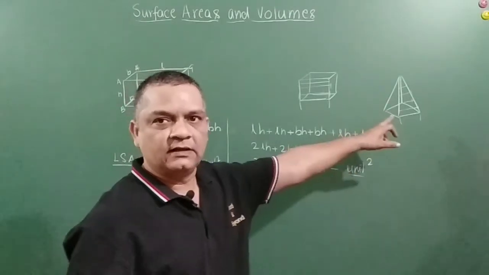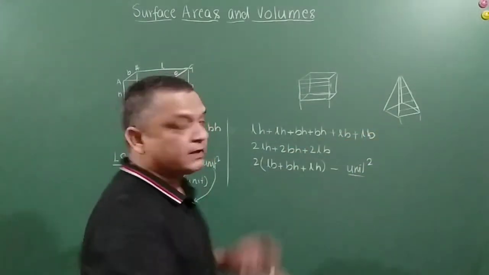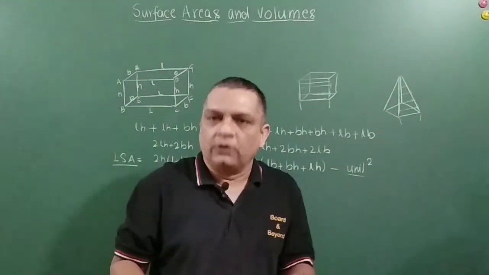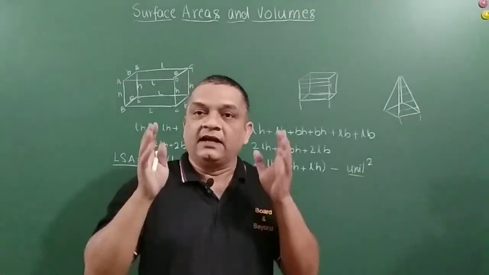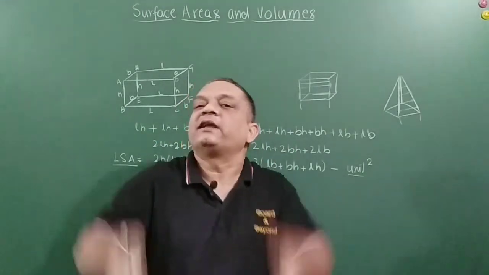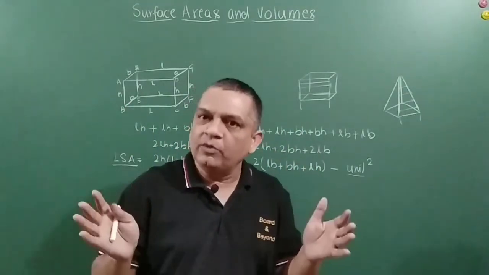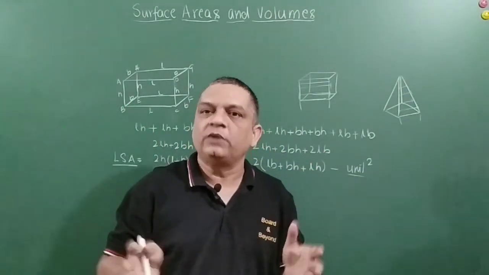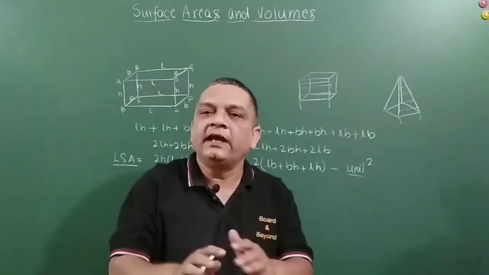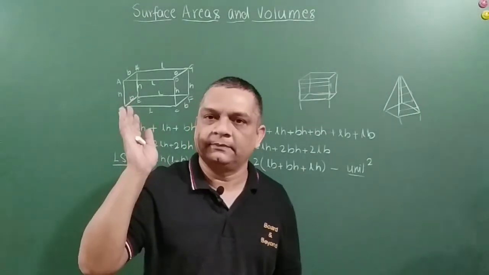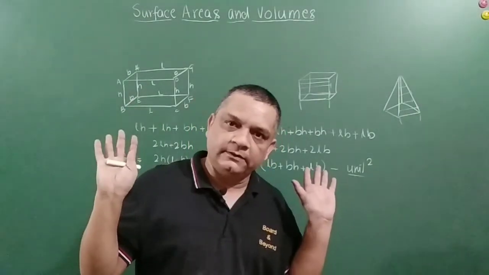So for that there is a different method, but whichever solid I'm talking about, which maintains its width along its height, the volume of that solid is nothing but the area of the base into the height. That's it.